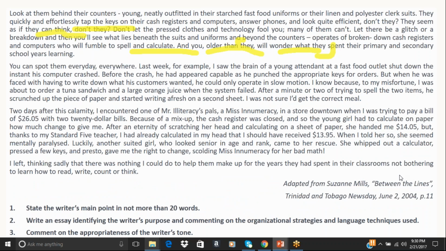The one we read before was descriptive. The ones we did in class, those were expository. So what I'm doing is kind of giving you an idea of the different genres of writing because you never know which one is going to be coming. So remember the one we did on hybrid cars, that one was a little more expository. After that, I think we did one about UNESCO and illiteracy.